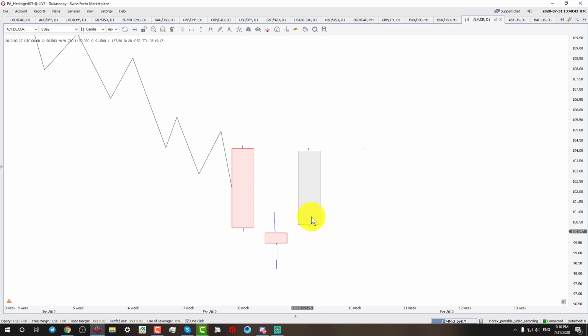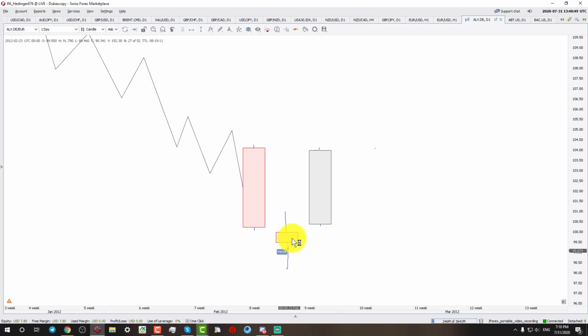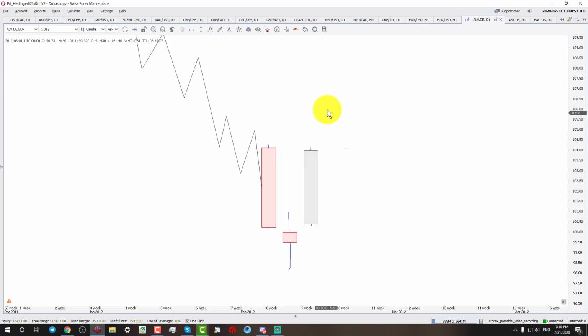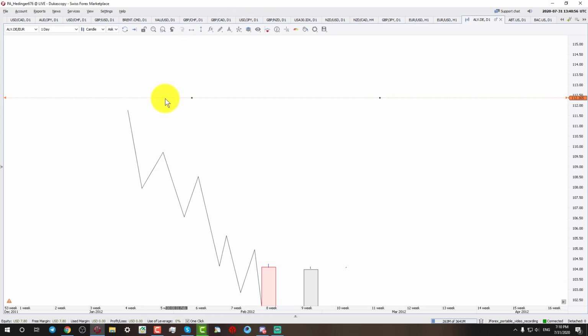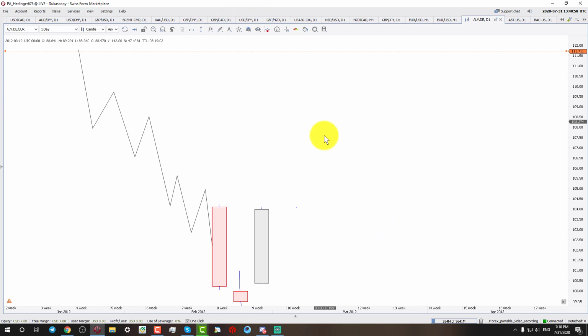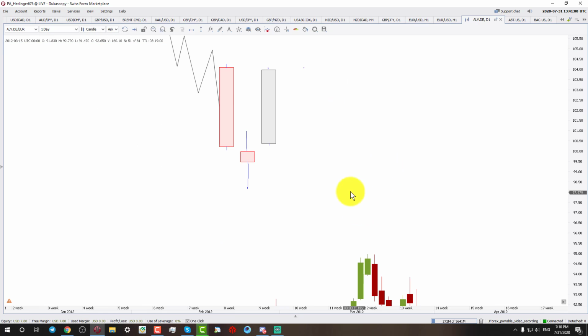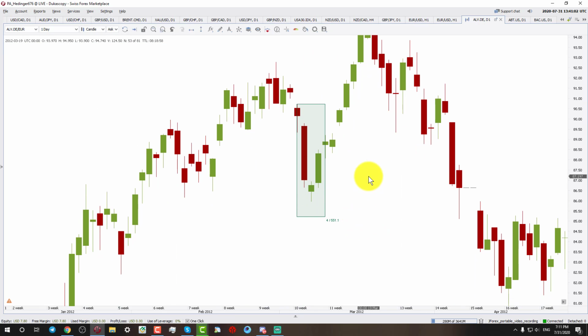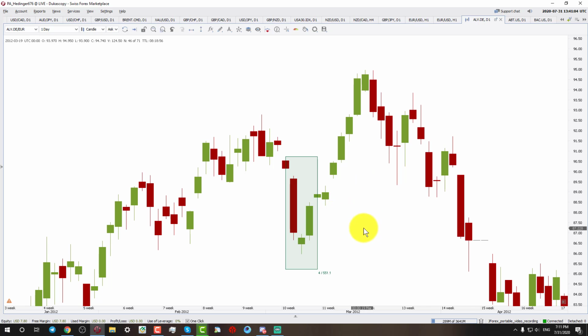In this case, you open a buy position at the close of this candle, and you keep the stop loss below the low of this candle particularly. The target depends upon where the next resistance level is, and as per that we will take the trades.